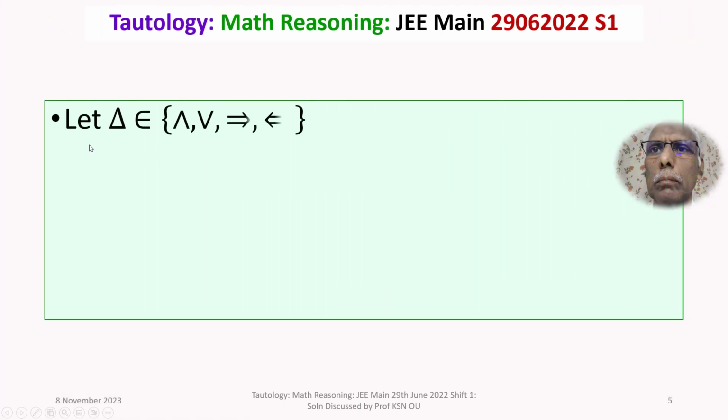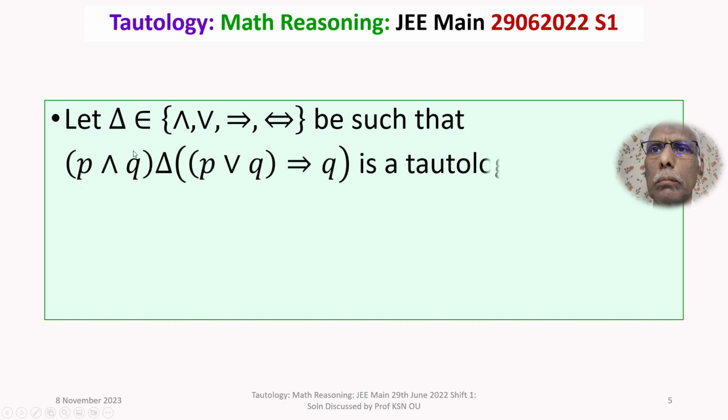The given question is: let delta belong to the set of connectives: and, or, implies, equivalence, that is, and, or, implies and implied by, be such that (P and Q) delta (P or Q) implies Q is a tautology.